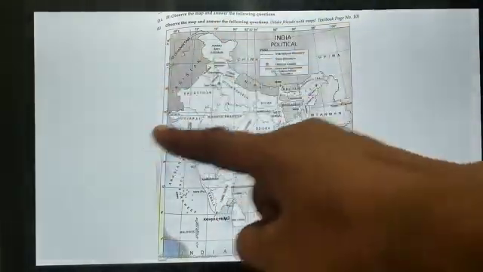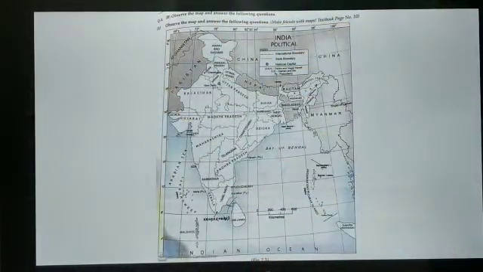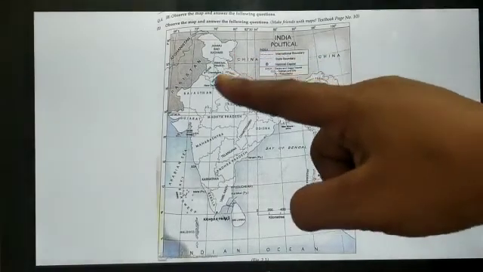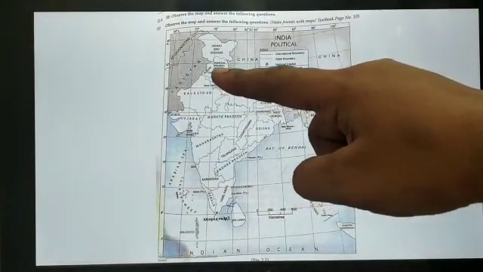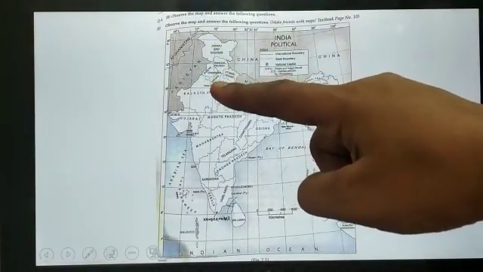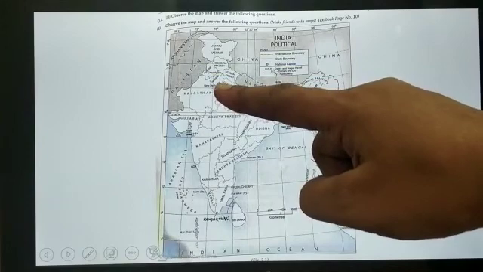Latitudinal and longitudinal extent. See it carefully. Here is our capital, New Delhi. You are supposed to show New Delhi in your map also.